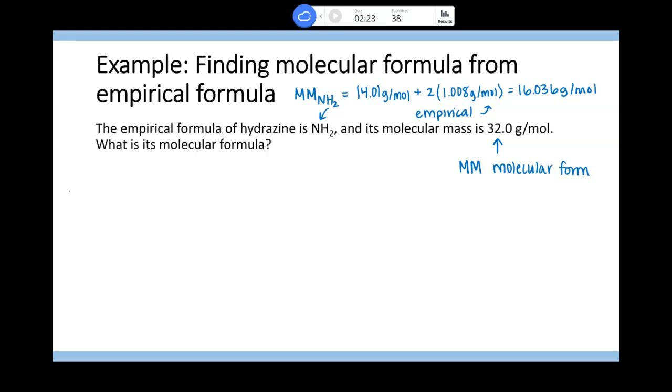But let's write out that process. So we find n, actually I don't have a definition for n, but it's just the integer that we need to multiply the subscripts by. So this would be the ratio of the molecular molar mass to the empirical molar mass.